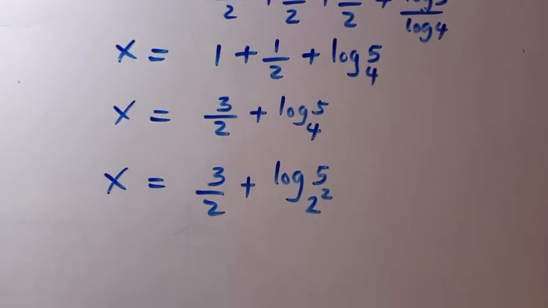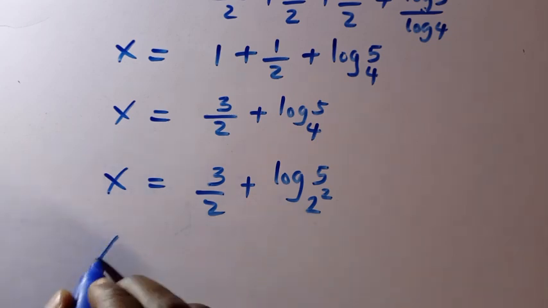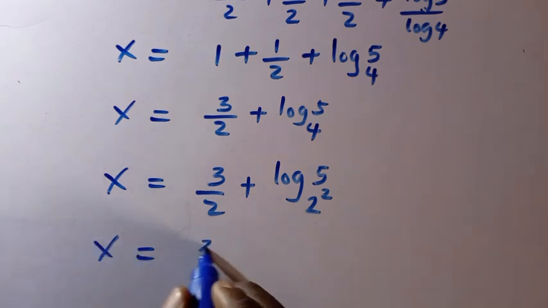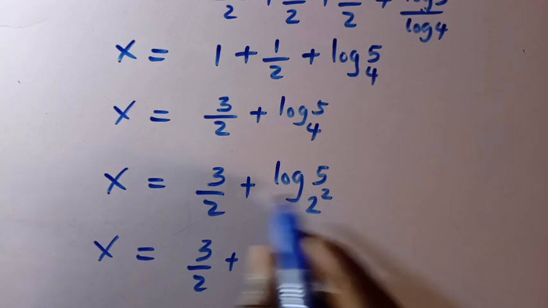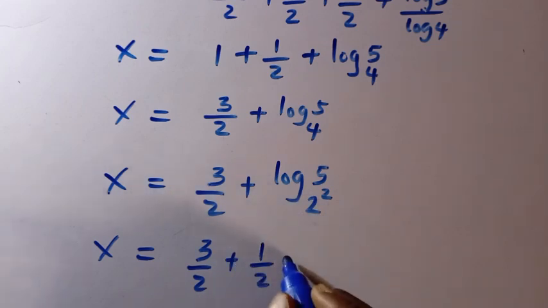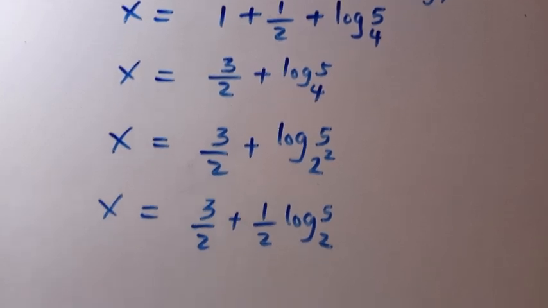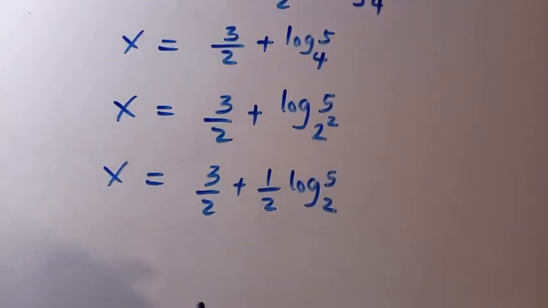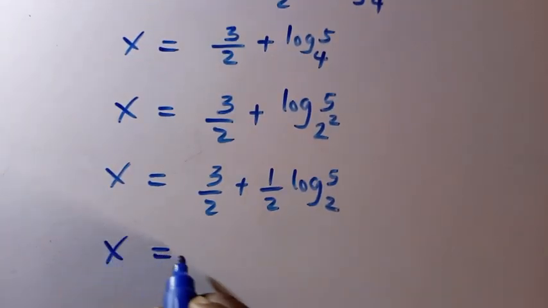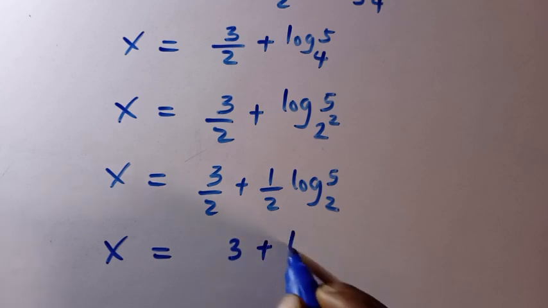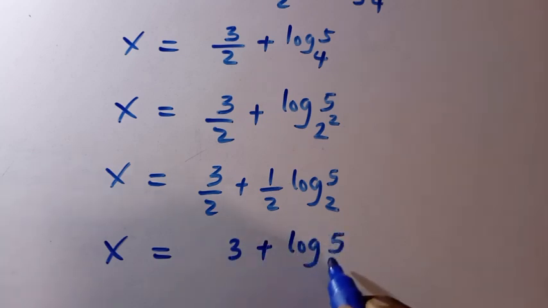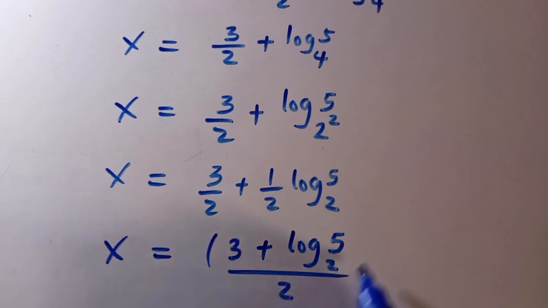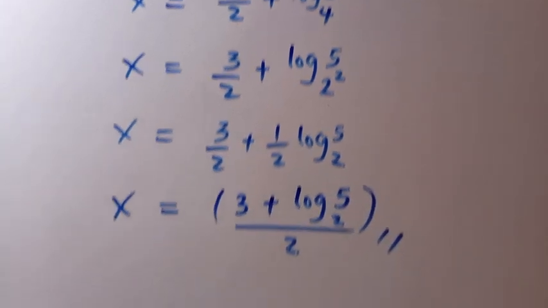And if you have a power on the base like this, this power will come as reciprocal as 1 over 2 log 5 base 2. Then we can finalize this as 3 plus log 5 base 2, all divided by 2. And here is the final result to this.